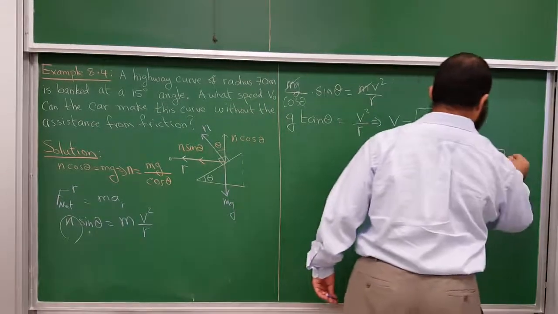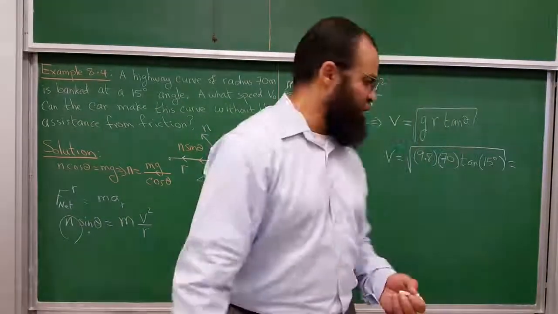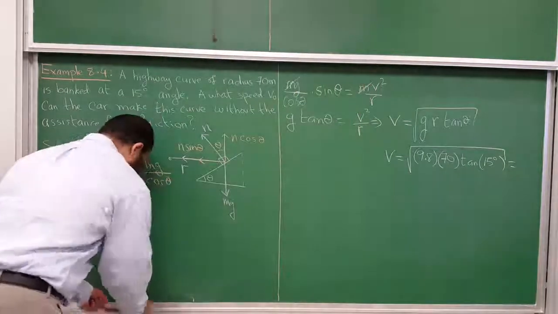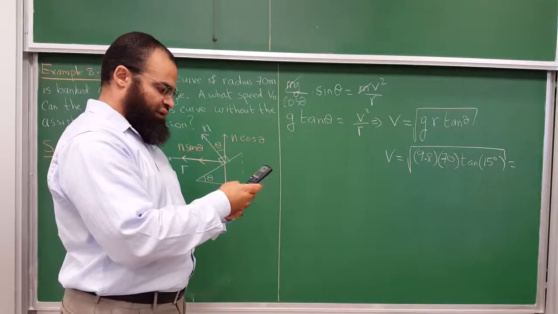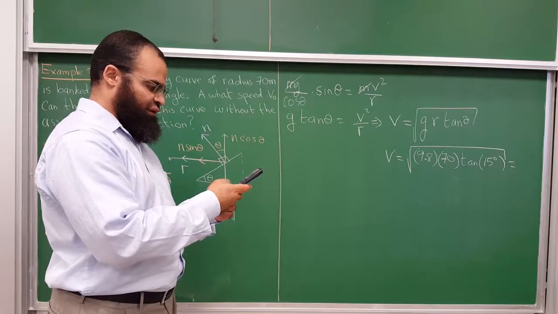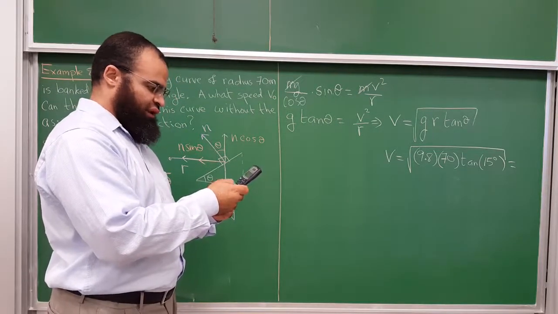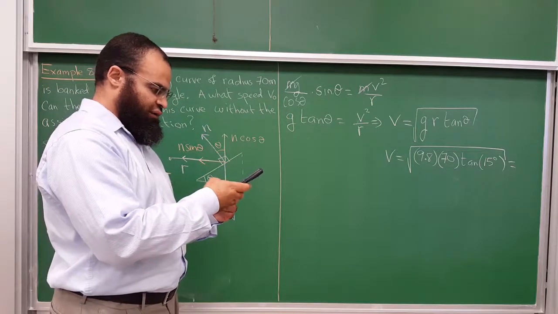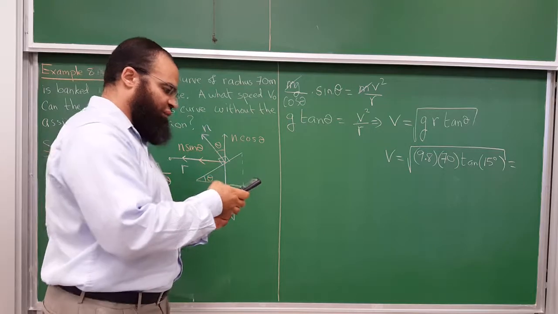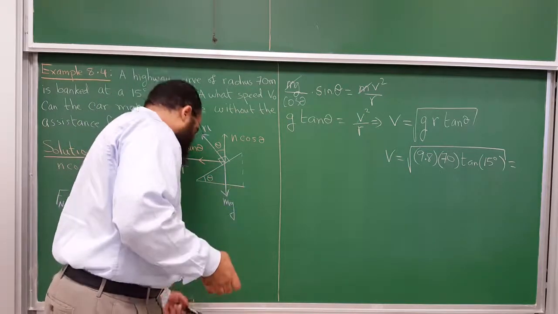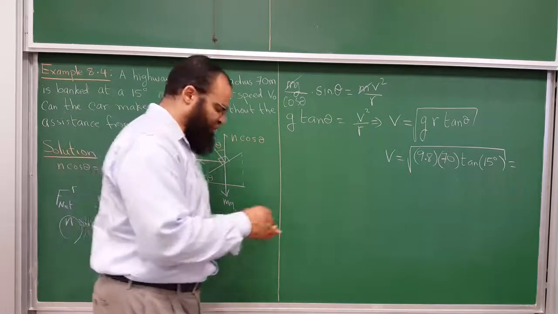Let's get my calculator here. So I have 9.8 times 70 times tangent of 15, and you have to take the square root of that. I got 13.56, about 14, approximately 14 meters per second.